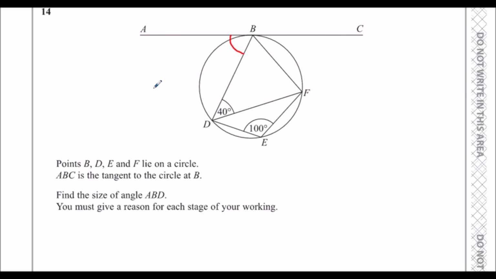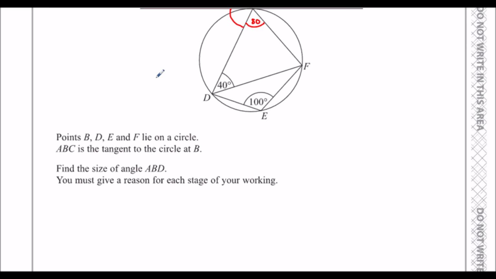You must give a reason for each stage of your working. So we can say opposite angles in a cyclic quadrilateral add up to 180 degrees. So 100 plus this angle have to add up to 180.